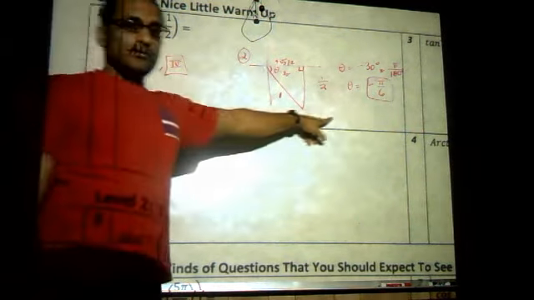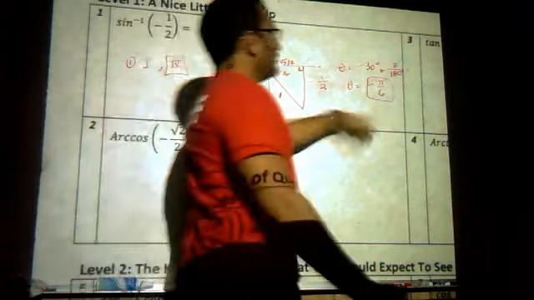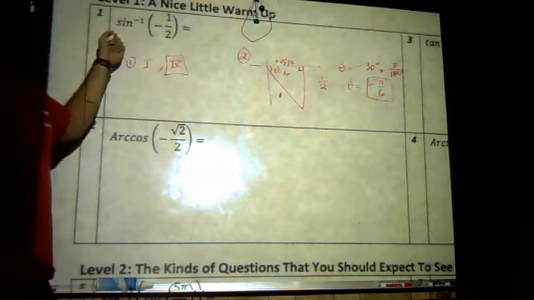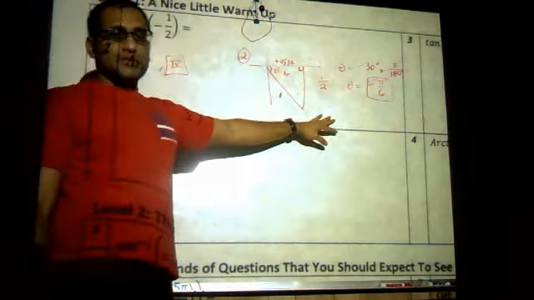So the inverse sine of negative 1/2 is equal to negative pi over 6, or the angle theta where the sine of theta is negative 1/2 is negative pi over 6. Cool. That's all we had to do for number 1.